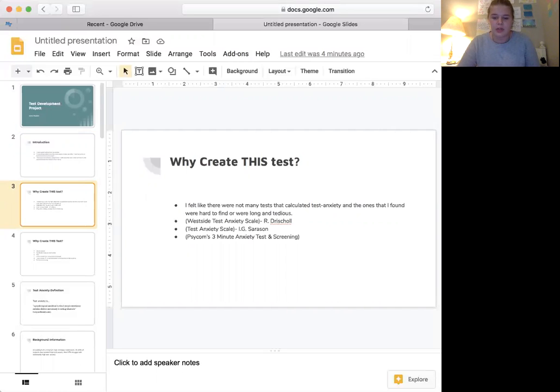A couple that I did find were the Westside Test Anxiety Scale by R. Driscoll and the Test Anxiety Scale by I.G. Sarason. And I found a lot of general anxiety tests, as you would imagine. But I only wanted to put one. So I put PsyCom's 3-minute anxiety test and screening.